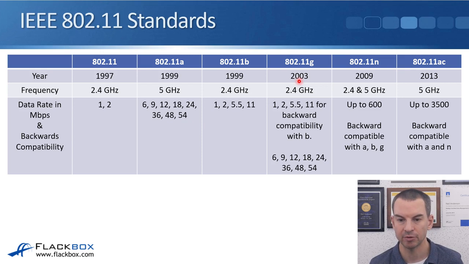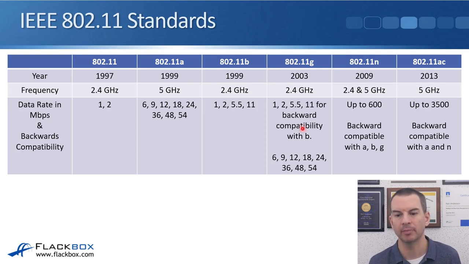Then in 2003, 802.11g came out. That also operates at 2.4 gigahertz. And because it's operating at 2.4 gigahertz, this can be backwards compatible with 802.11b, which is also 2.4 gigahertz. 802.11a is 5 gigahertz, so A and G are not compatible with each other.